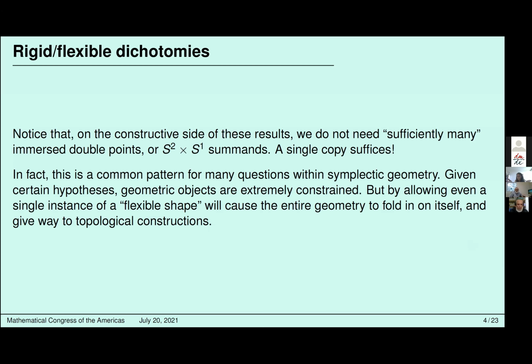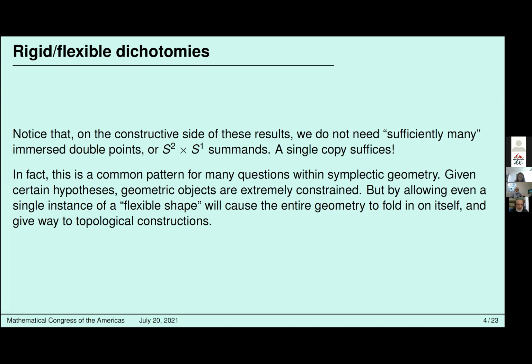In particular, this dichotomy where, given some basic hypothesis, if the manifold is prime and we have only positive self-intersections, there are many such things. The geometry becomes extremely constrained by a number of equations, particularly using pseudo-holomorphic curves and Floer theory.